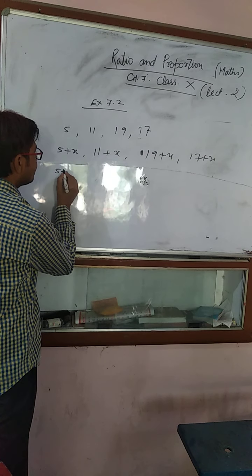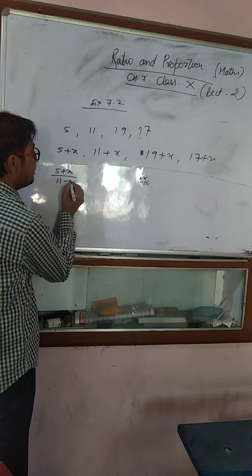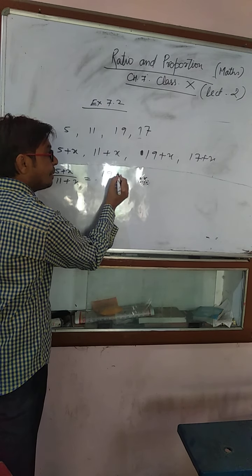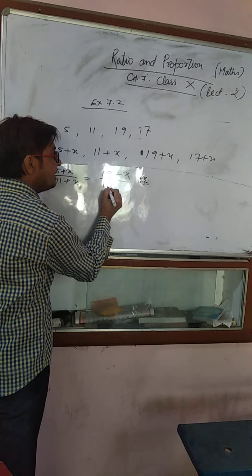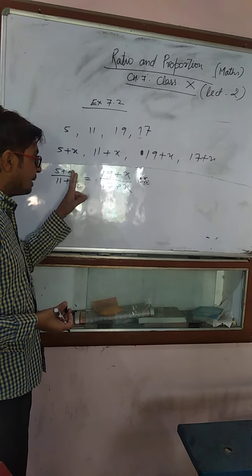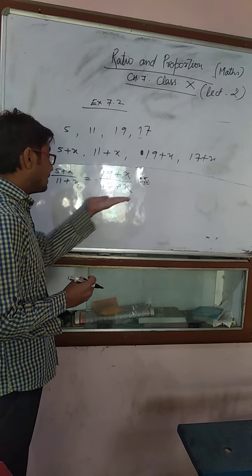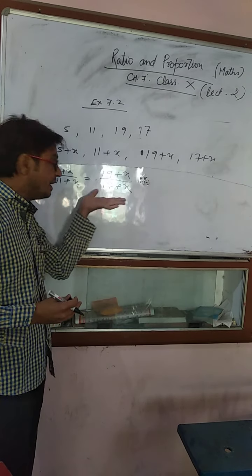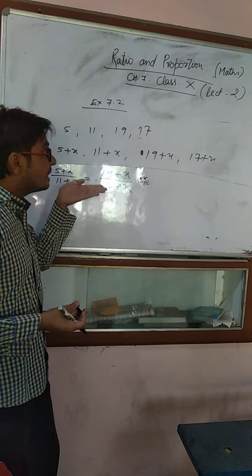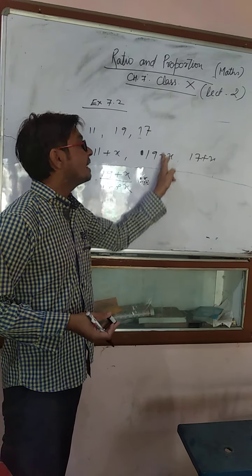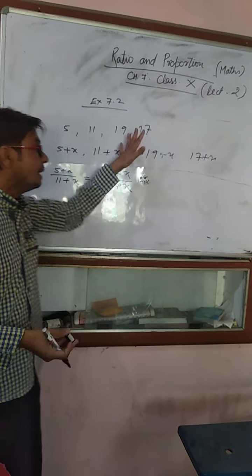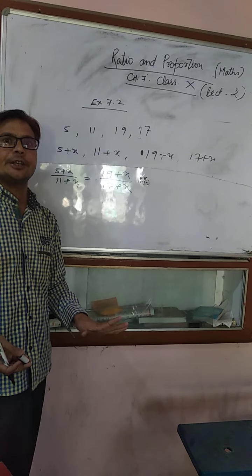So this becomes 5 plus x by 11 plus x is equal to 19 plus x by 17 plus x. After cross multiplication and solving this equation, you will get the value of x, and that x will be the number which must be added to these numbers to make them in proportion.